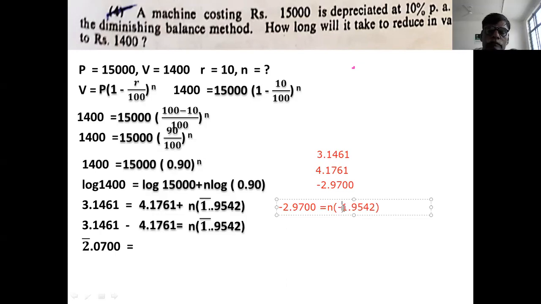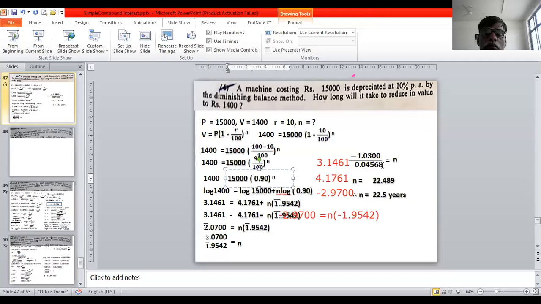Bar 2, I'll change this to 9, 7. 7 is your answer.